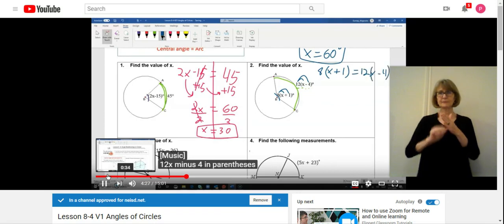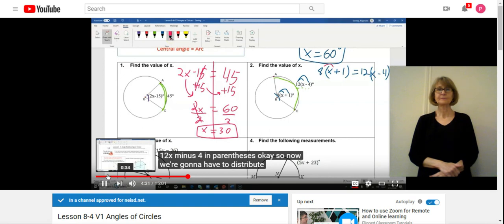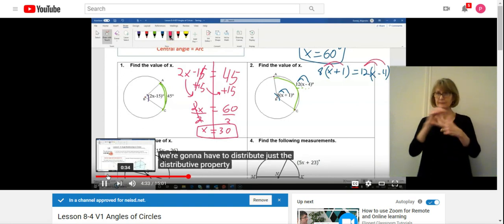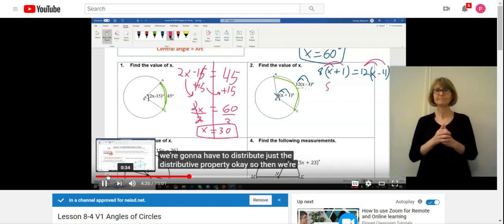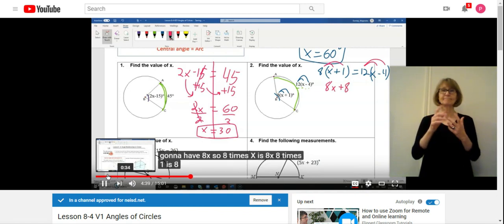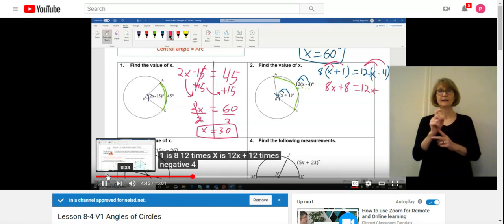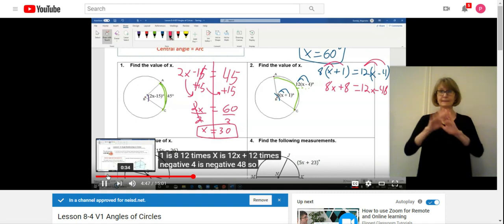Now we have to distribute. 8 times x is 8x. 8 times 1 is 8. 12 times x is 12x. And 12 times negative 4 is negative 48. So there's our equation.